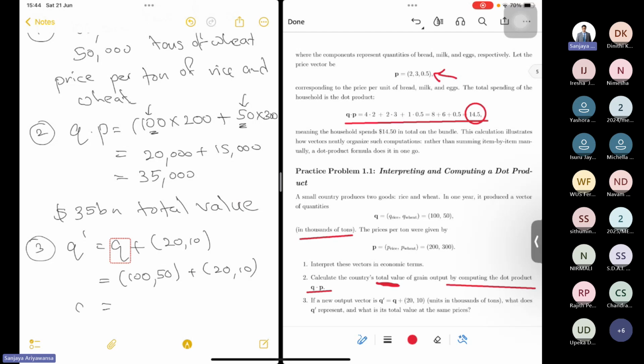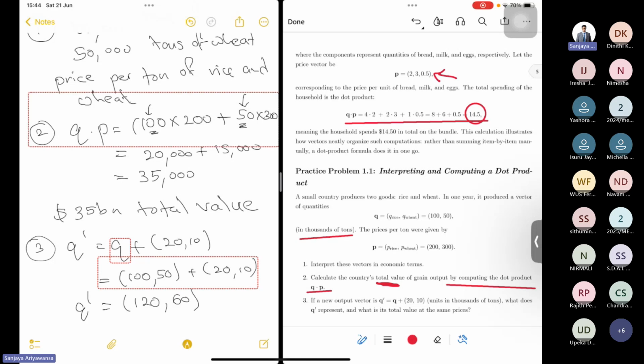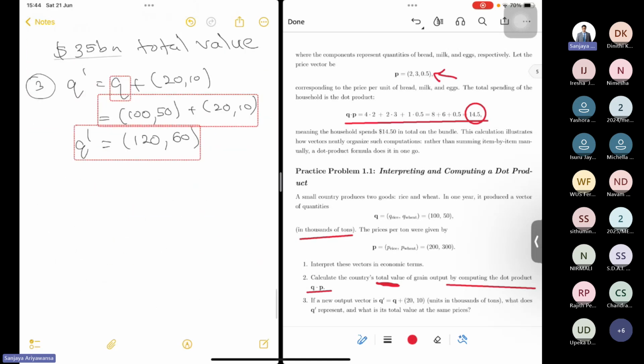So this new q prime is 120 comma 60, 100 plus 20 and 50 plus 10. What does the q prime represent? So q prime represents the output plan with 120 tons of rice and 60 tons of wheat. So there's an increase of 20,000 and 10,000 tons, respectively, from the original outputs.